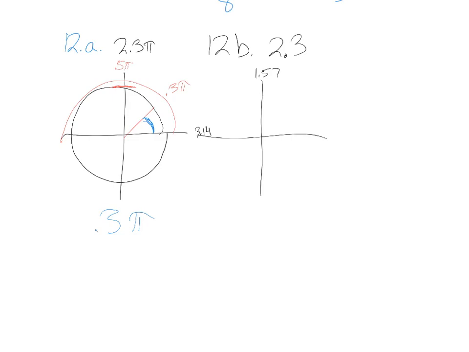So 2.3 is going to be over here somewhere. So again, how do I find the reference? Subtract. So 3.14 minus the 2.3. 1.84.